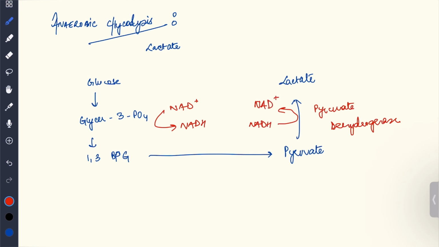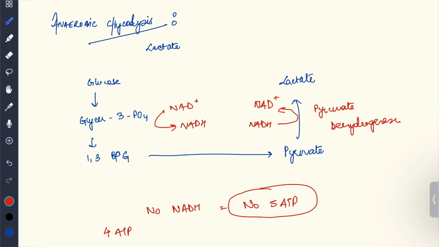Whatever NADH was formed, it is utilized. So no NADH, so no 5 ATP which was being formed in the aerobic glycolysis.